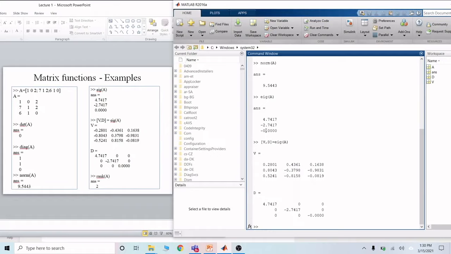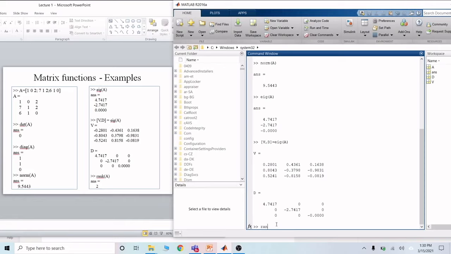Second column is the eigenvector corresponding to this, and third column is the eigenvector corresponding to 0. And the diagonal matrix, we have written A is equal to P D P inverse, and the diagonal matrix is this. First diagonal element is first eigenvalue, second diagonal element second eigenvalue, third diagonal element third eigenvalue.